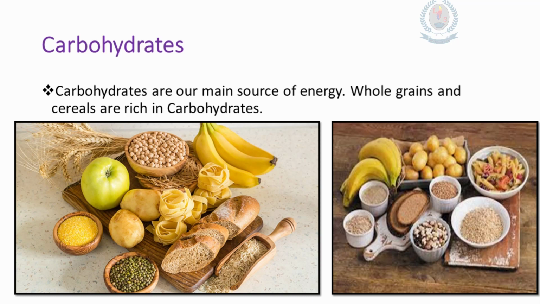Whole grains and cereals are rich in carbohydrates. So imagine if you are not consuming these food, definitely you will have to undergo diseases, right? Because we will talk at the end of the lesson about the diseases that can be caused due to consuming unhealthy food. So we'll go to the other section of the nutritions.